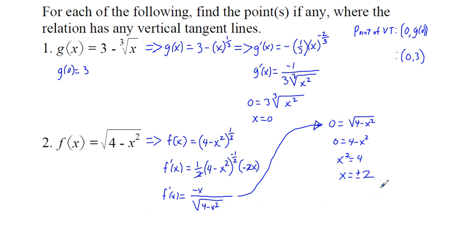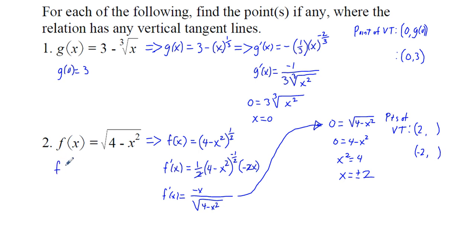So our points of vertical tangency are going to be the points 2 comma f of 2 and negative 2 comma f of negative 2.